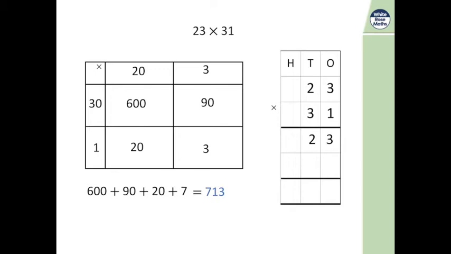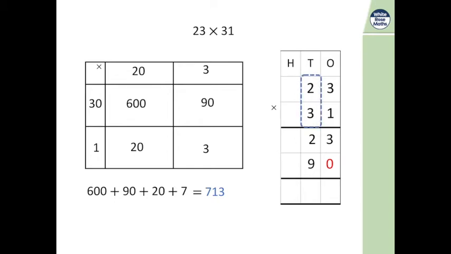Now, our next step, this is where it can become really tricky. We're now going to multiply 23 times 30. So 23 times 30. But before we do anything, we must place a 0 underneath, because now we're multiplying 23 times 30. 3 times 3 is 9.